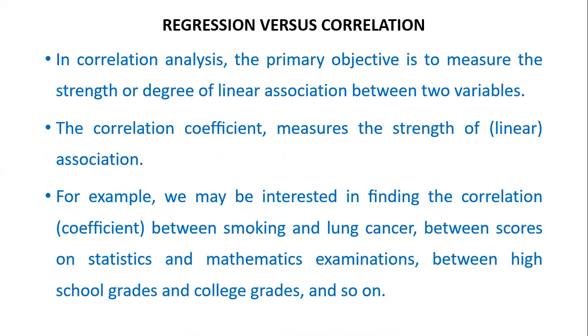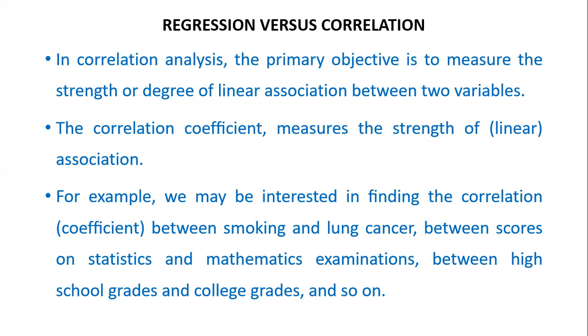Regression versus correlation. In correlation analysis, the primary objective is to measure the strength or degree of linear association between two variables, or more than two variables, depending on the type of analysis we are looking at.